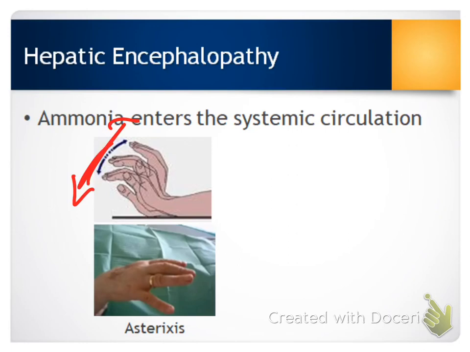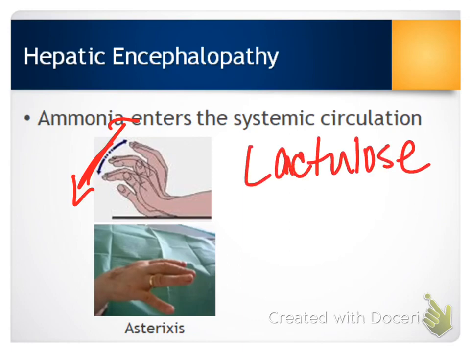So treatment for hepatic encephalopathy is lactulose. And what lactulose does is it traps the ammonia in the gut, and then you release it through your stools. So lactulose causes severe diarrhea. And you think, well, how do I give this to a patient? Well, it's given orally, so the patient has to drink it.